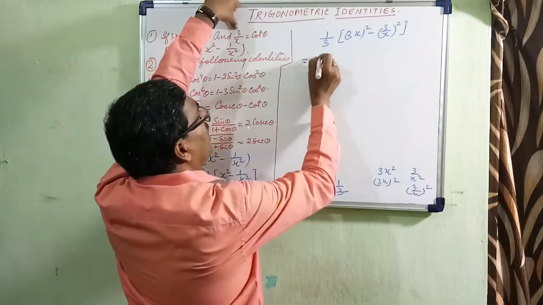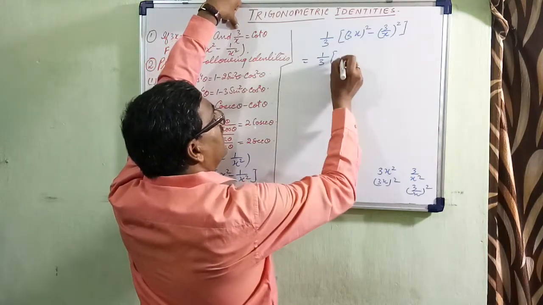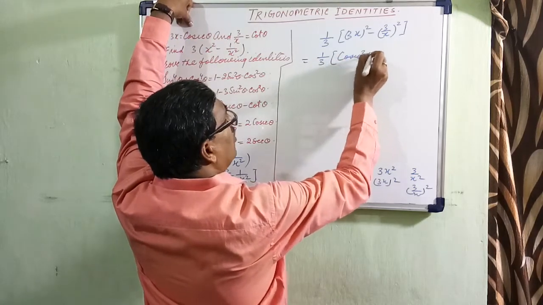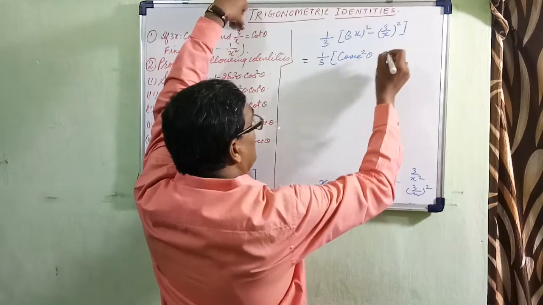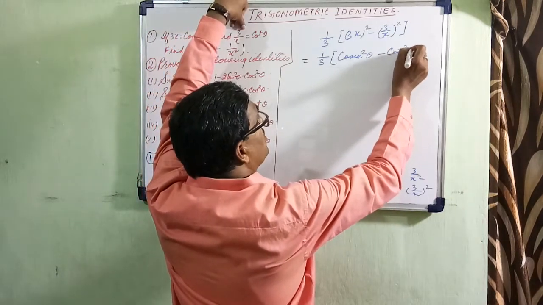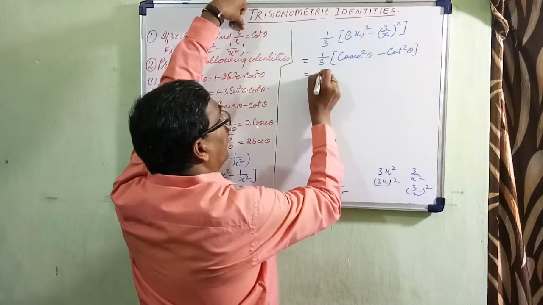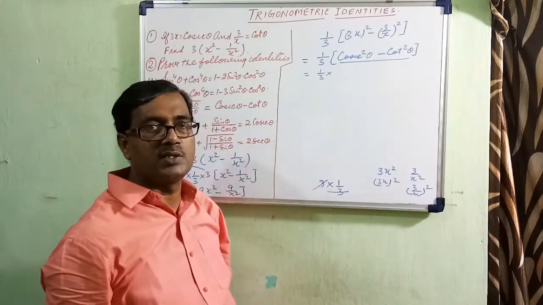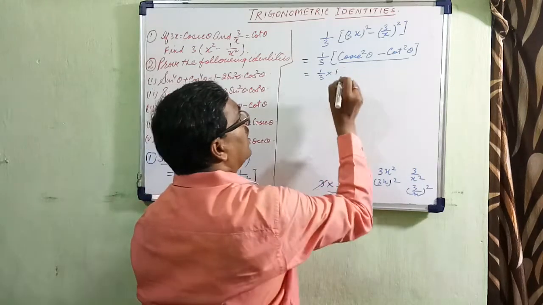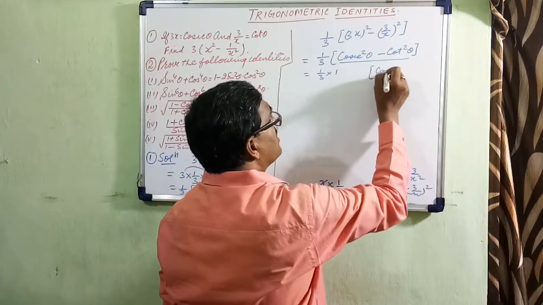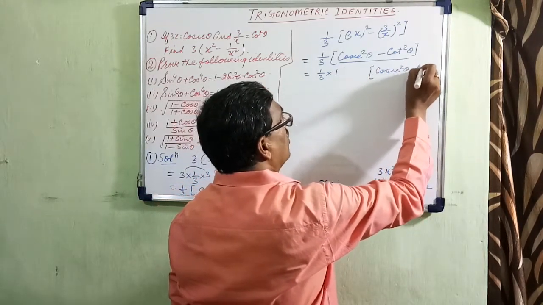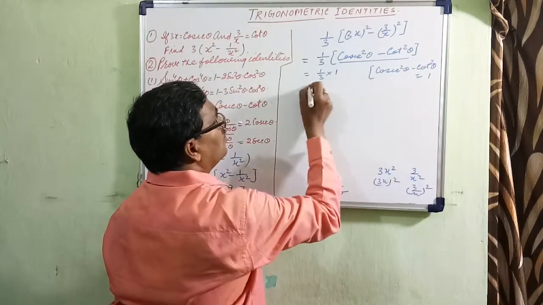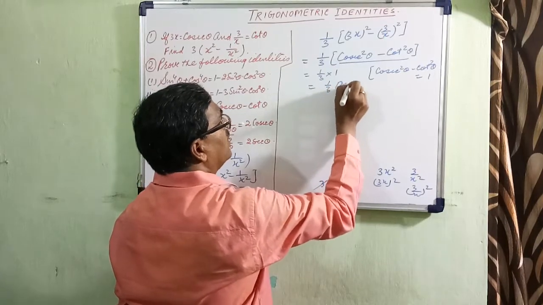So 1 by 3, here 3x is equal to cosec, so it becomes cosec square theta. 3 by x is equal to cot, so cot square theta. And 1 by 3 into cosec square theta minus cot square theta, which is equal to 1. Here cosec square theta minus cot square theta is equal to 1. So this is equal to 1 by 3, which is the answer.